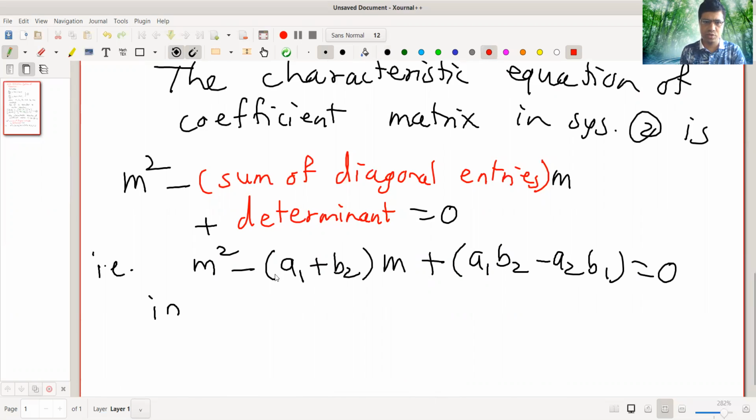Okay, so this is quadratic polynomial in variable m. So if we solve this, then we get two values of m, maybe distinct real or repeated real or complex conjugate values. And using these values, we can provide general solution of this system.